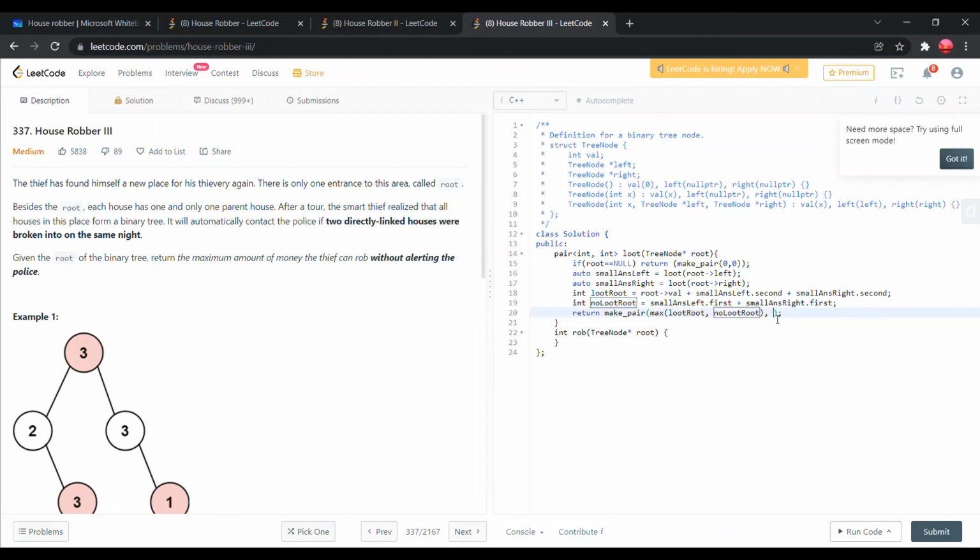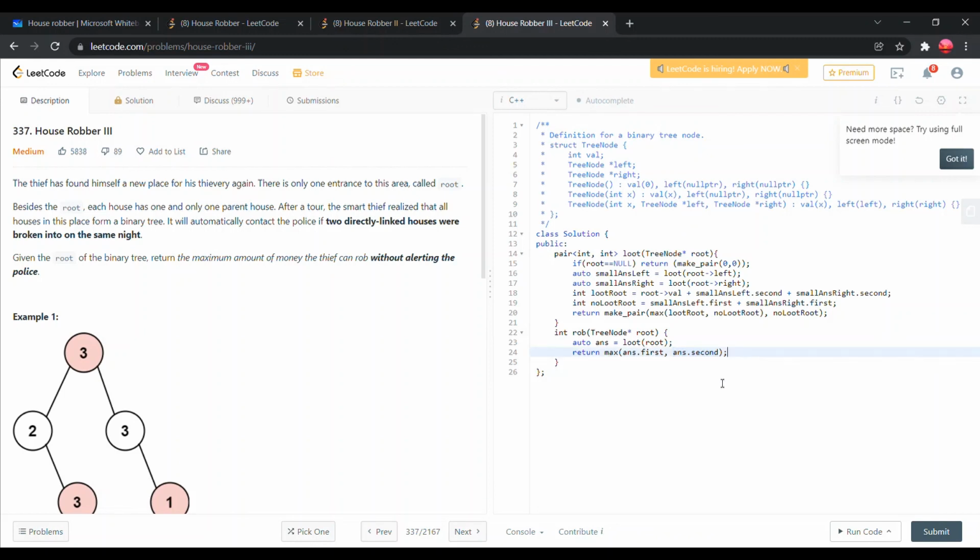So what I'd give here is no loot root. And over here, the answer is going to be equal to loot the root, and the final answer is going to return max of answer dot first, because the decision I make at the parent, or answer dot second, because if I decide to loot the children, what would happen, right?